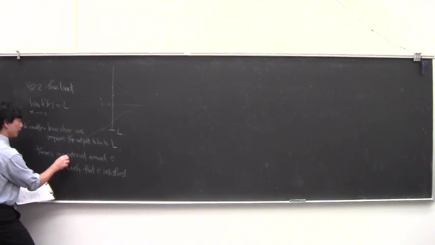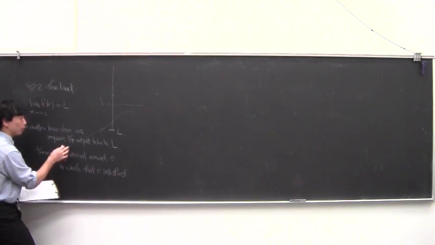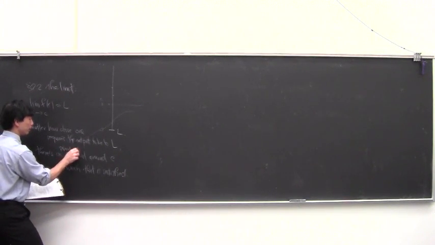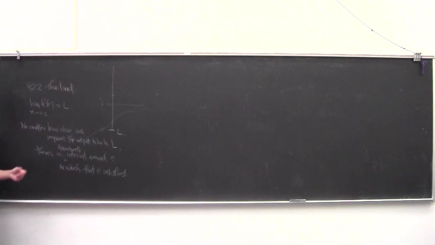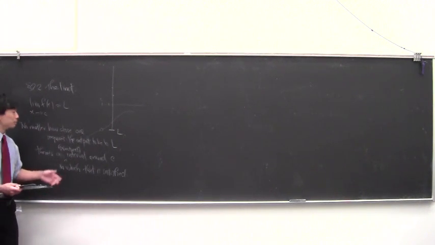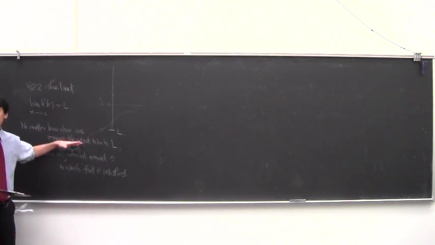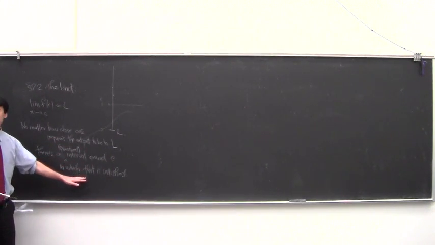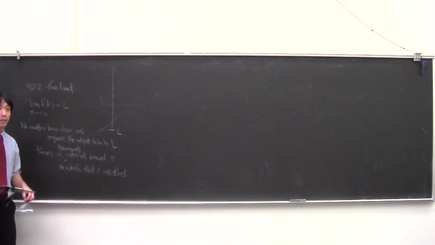It's actually an interval with a hole in the middle, a punctured interval. So we don't require anything about the center point, but no matter how close one requires the output to be to L, there's a punctured interval around C in which that closeness is satisfied.